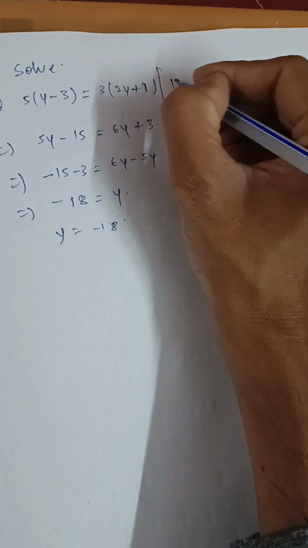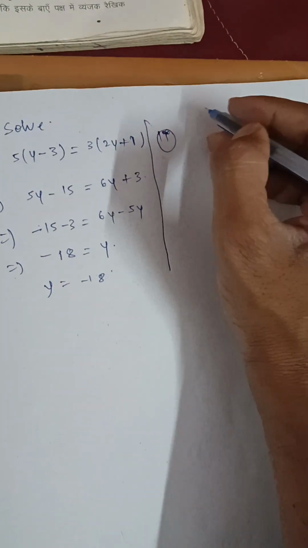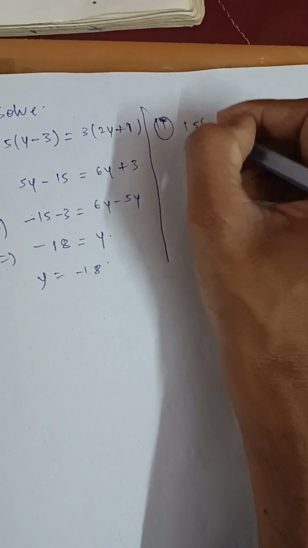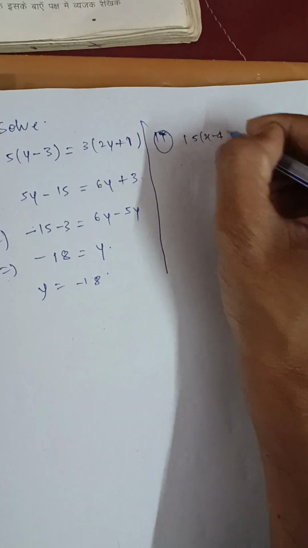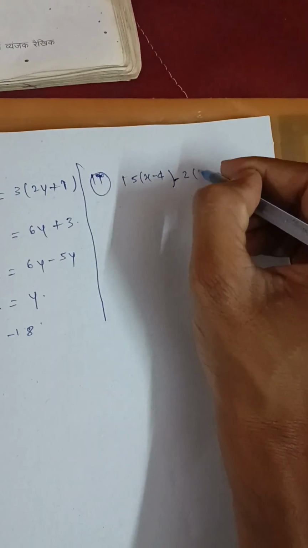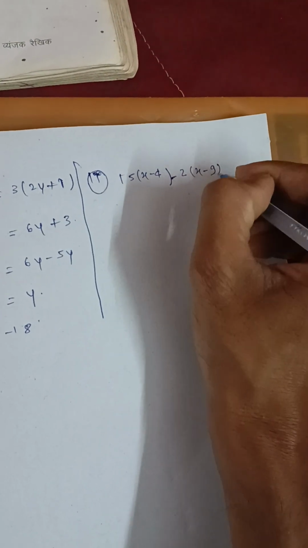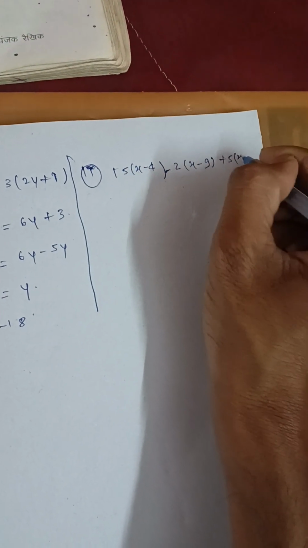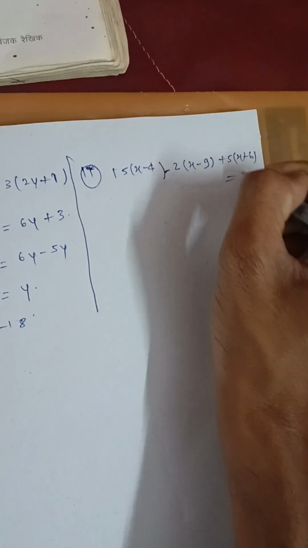Second question is 15 into (x minus 4) minus 2 into (x minus 9) plus 5 into (x plus 6) equals 0.